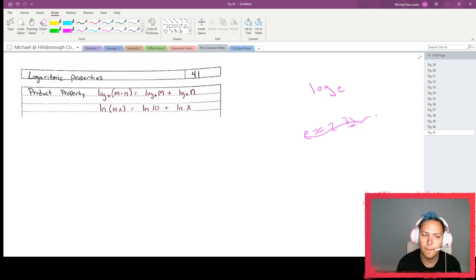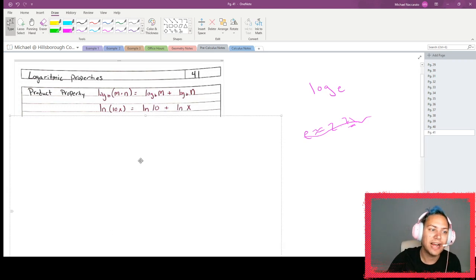So log base b is the same thing as using log base e. We just refer to it as the natural log because it's the natural growth of things. So ln is log base e. So the ln works the same way. If you have ln of, in my example, 10 times x, well, you can separate that into natural log of 10 and natural log of x being added together.